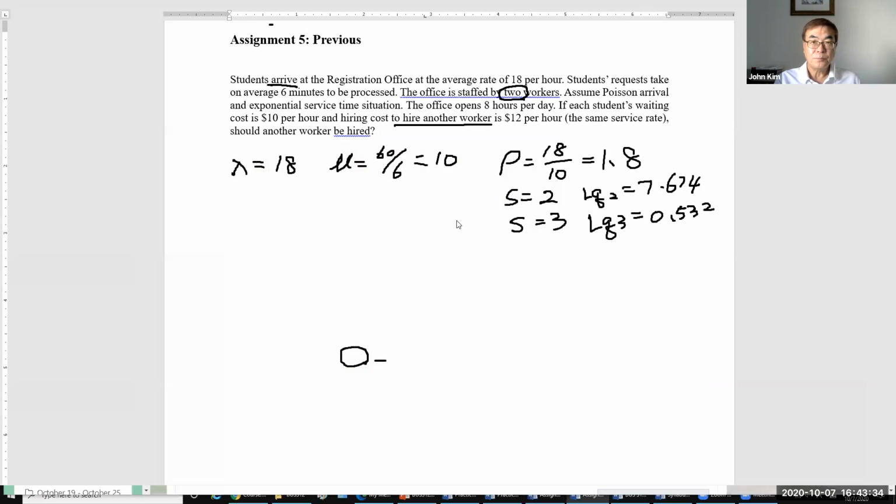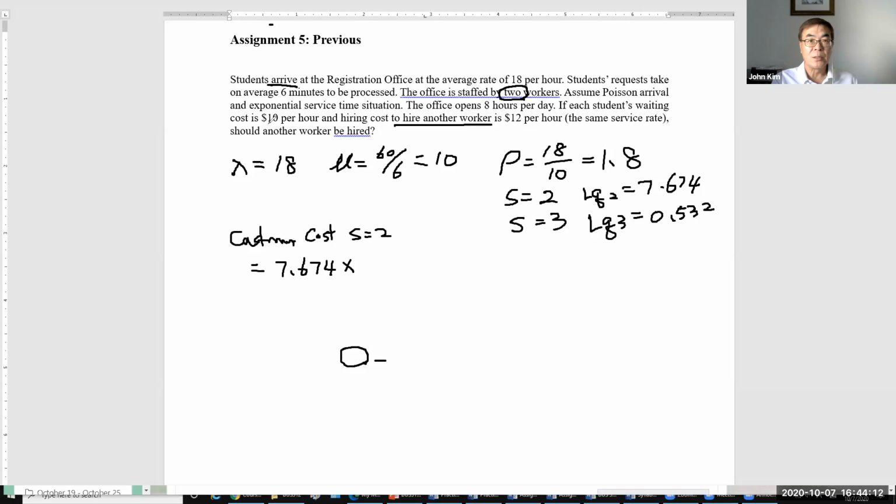Then we need the customer cost when 2 workers work. So customer cost when S equals 2 will be LQ times customer cost.